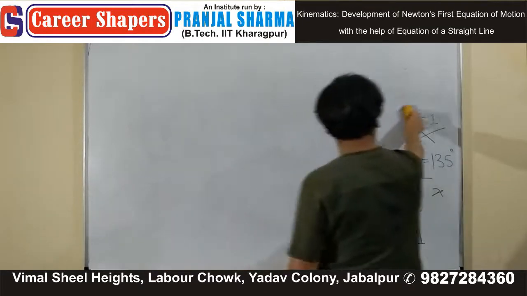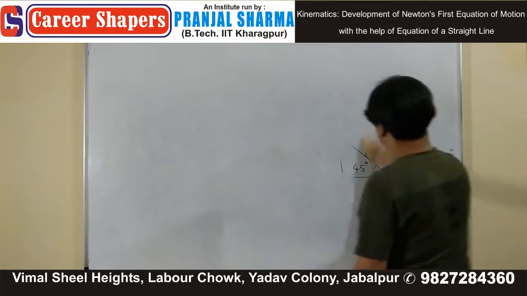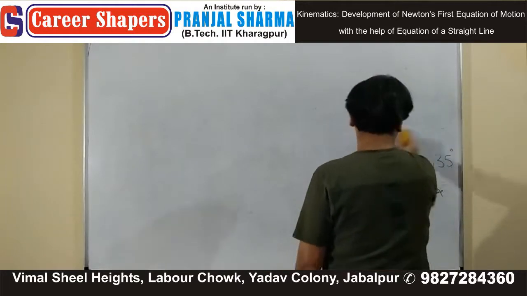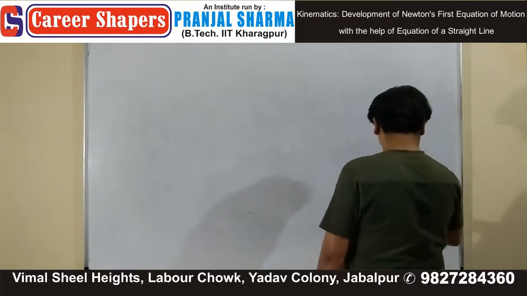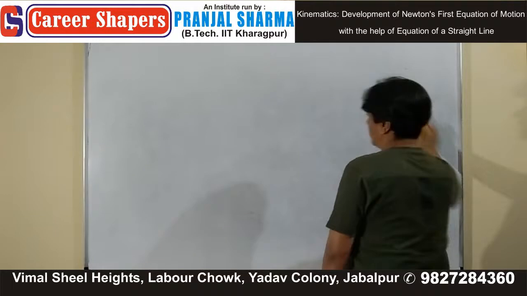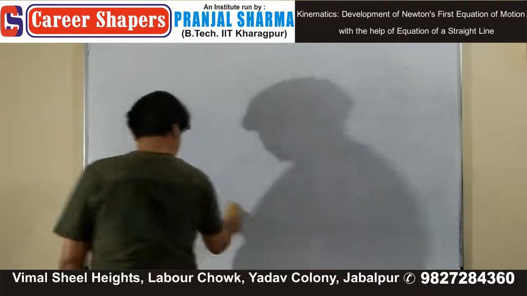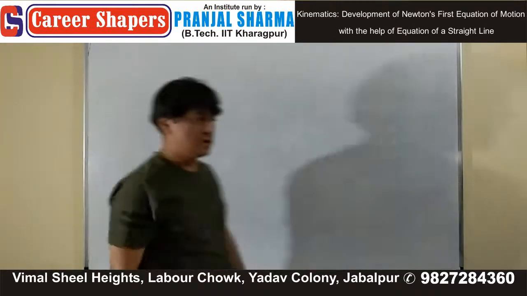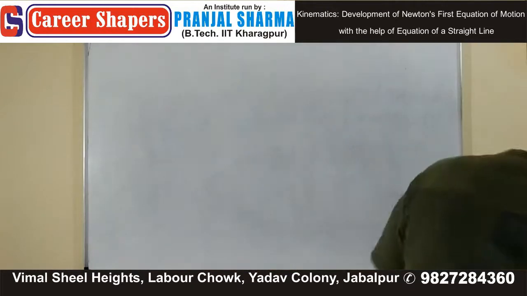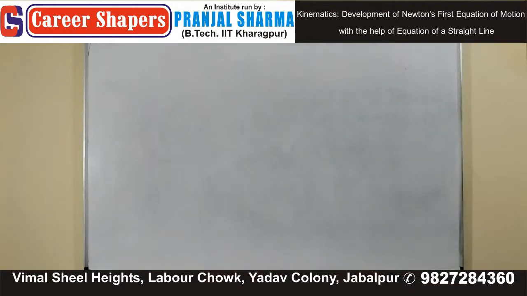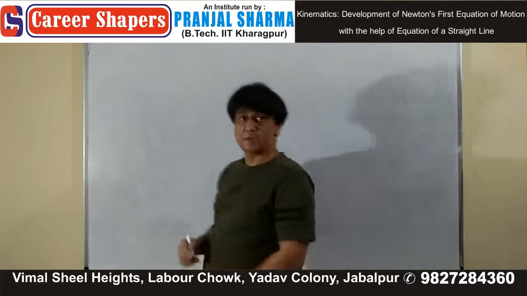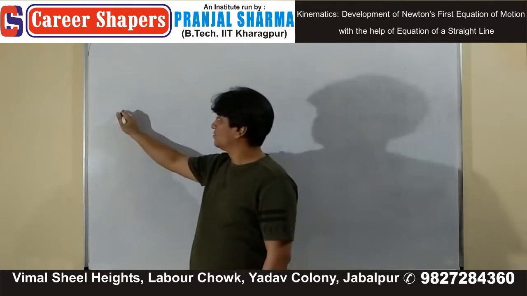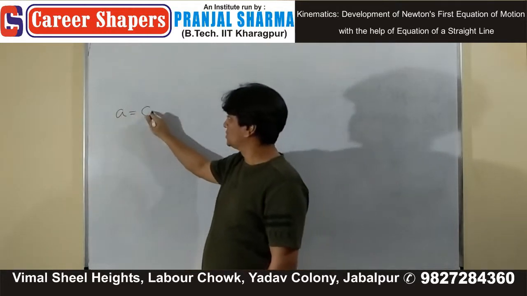When we developed Newton's equations with the help of the first method, I had told you that these equations are used only if... so what is the only if? There were two requirements. First was acceleration should be constant.